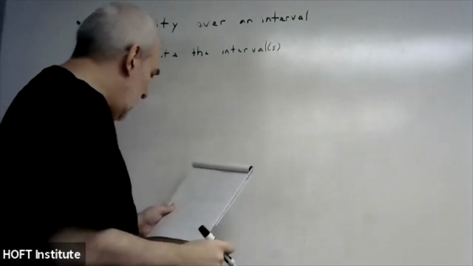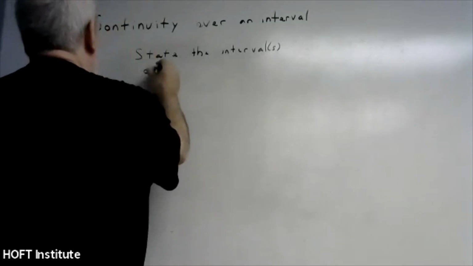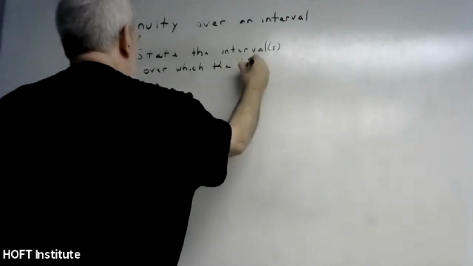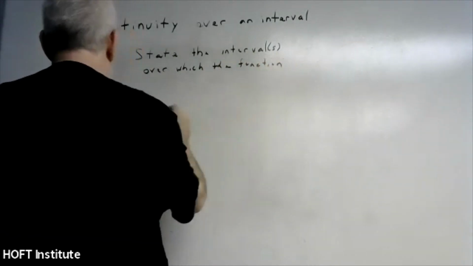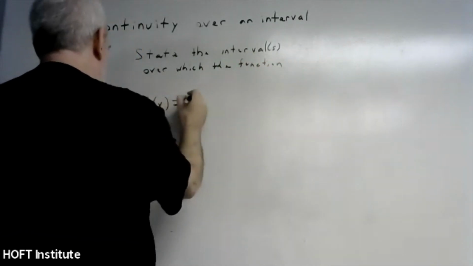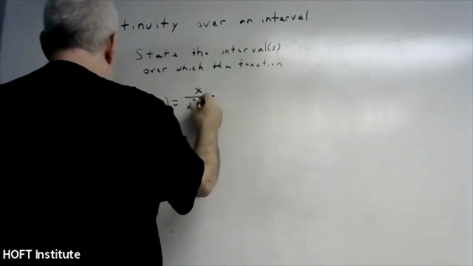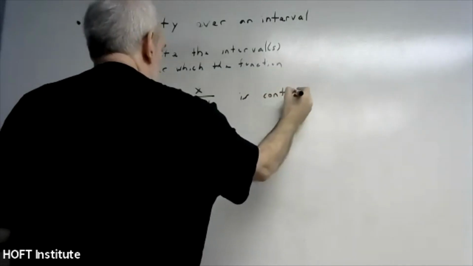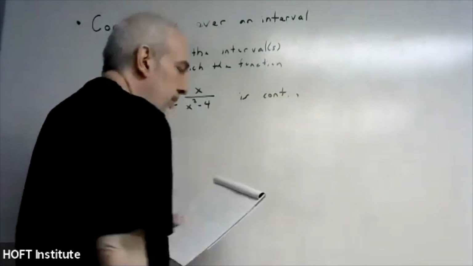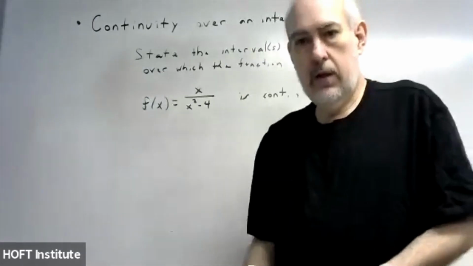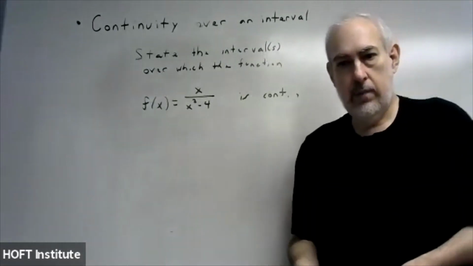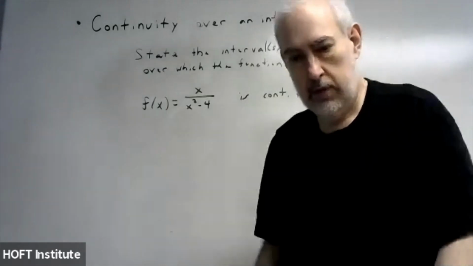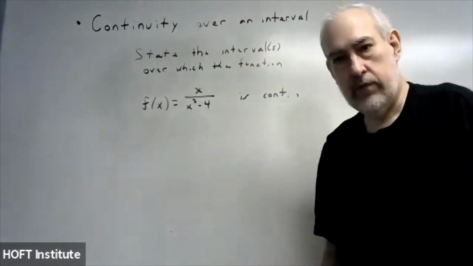They're not letting you know, over which the function f of x equals x over x squared minus 4 is continuous. So we're trying to state over what intervals is this function continuous. So state all of the intervals. You know, they don't want you to leave any intervals out.